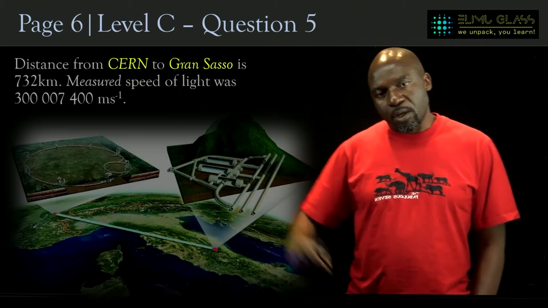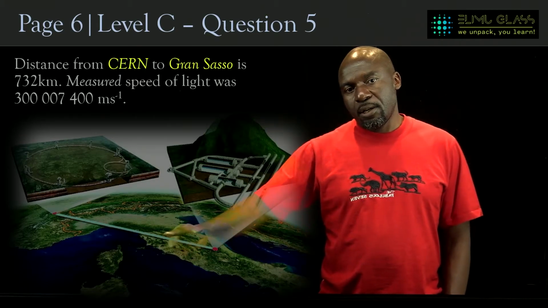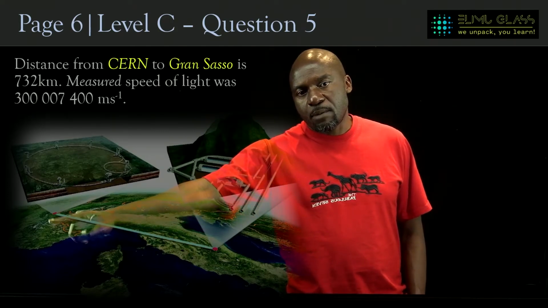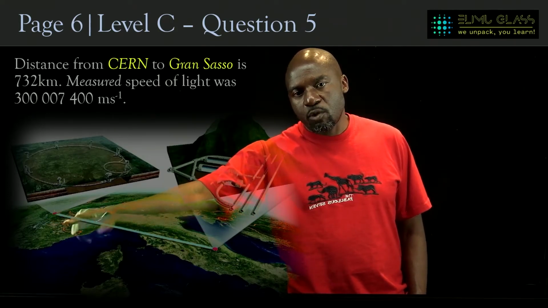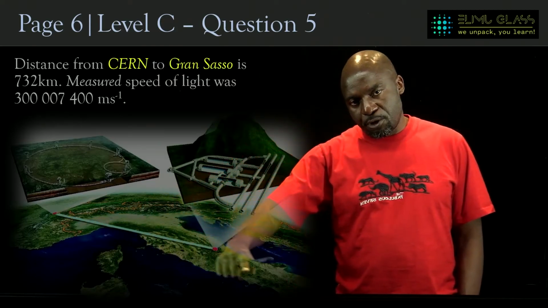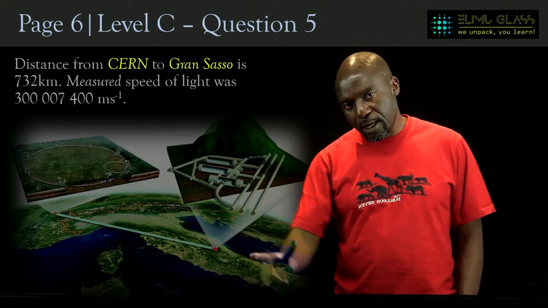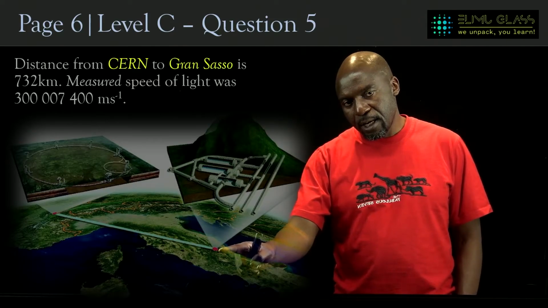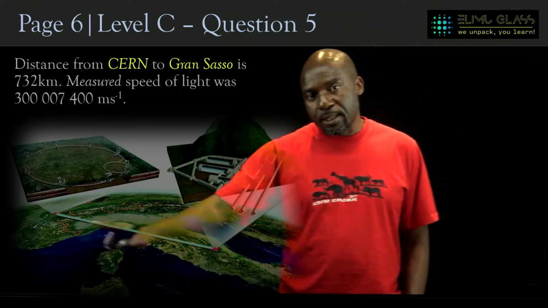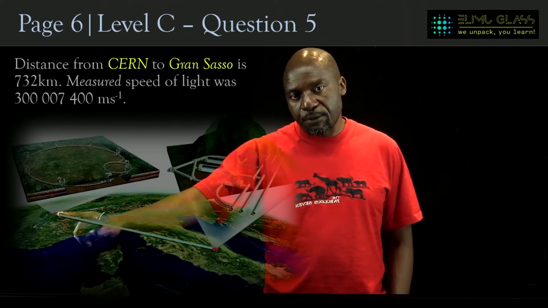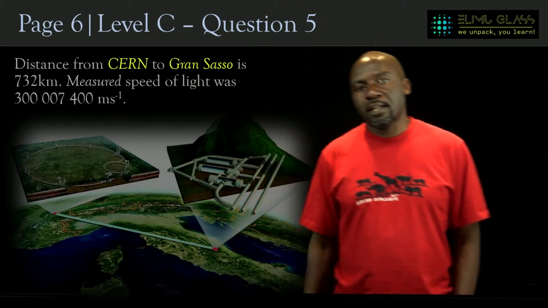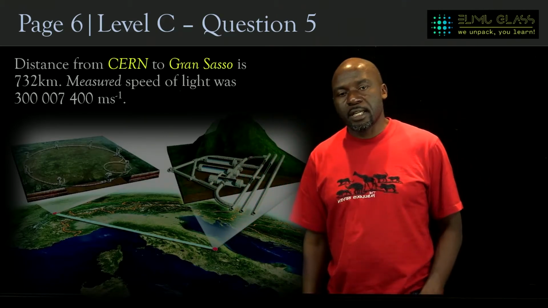So we are looking at northern Europe. CERN is somewhere there in Geneva in Switzerland, and what you see here is Italy, and that's where Gran Sasso is, a scientific facility, a research facility. This is a high energy particle physics facility or a research station. So that distance is 732 kilometers.